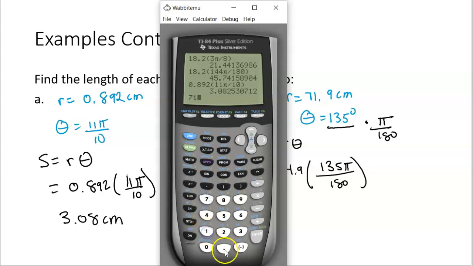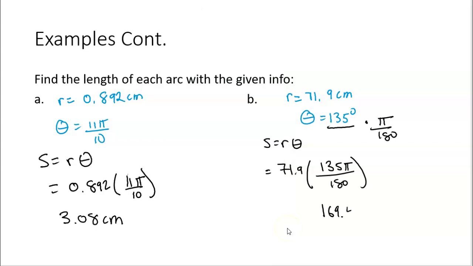So 71.9 times 135. 135 is going to be something that you'll eventually have memorized. But for right now, we just plug in as we go. So this gives us a grand total of 169.41. So 169.41. Again, I include centimeters for this problem.